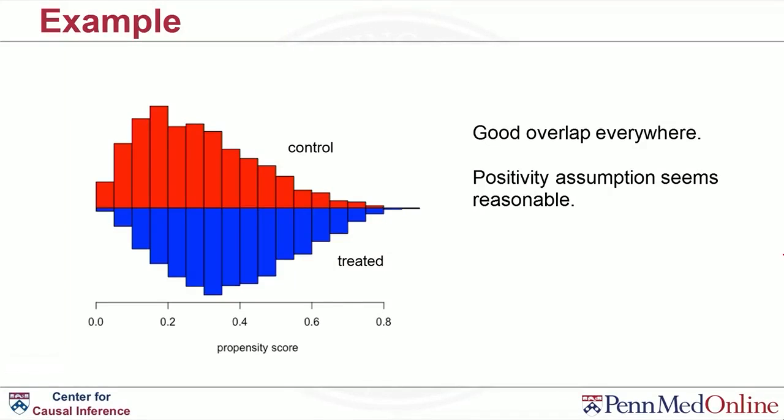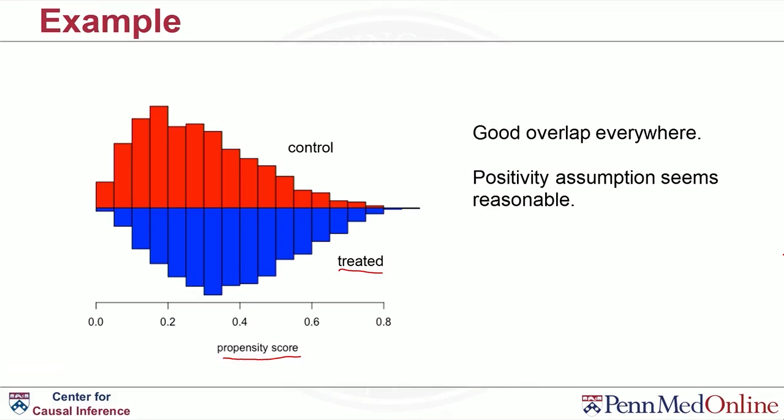So here's an example of a propensity score distribution for the control and treated groups. And you'll notice that the propensity score is between 0 and 1, as it should be. So it's a probability of treatment. And you'll notice that the treated group here, which is in blue, their propensity score is shifted over a little to the right relative to the control.